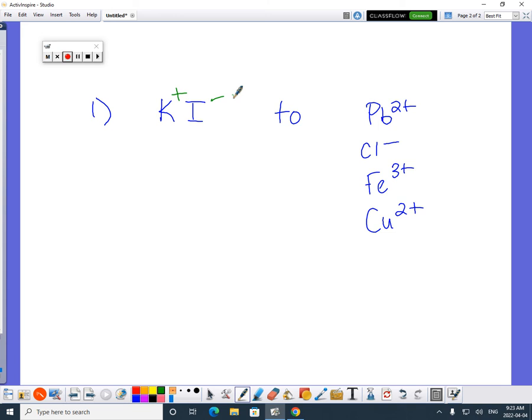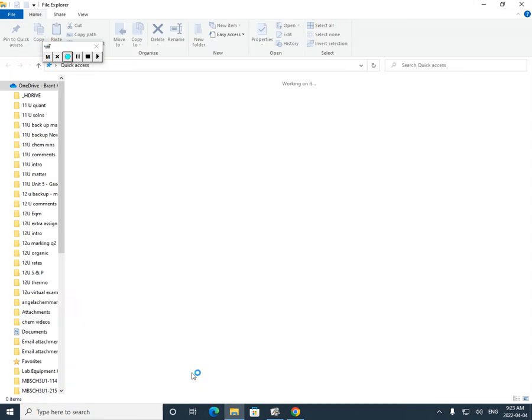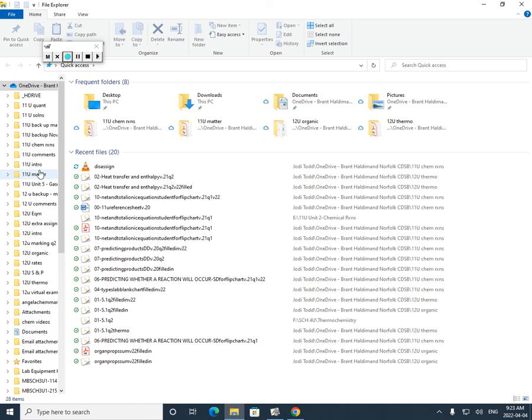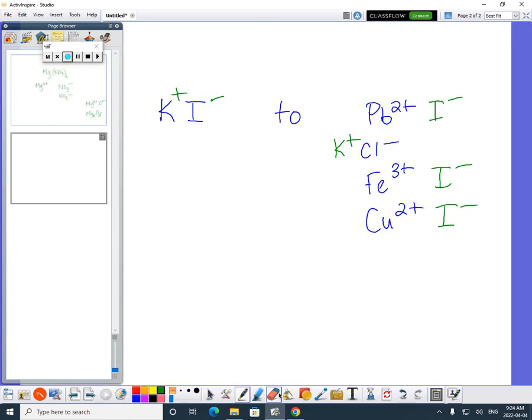So all of the positives you're checking with the negative. There is one anion. That's the one you're going to check with the positive. When you do this, there should only be one solid. If you get two solids, you've made a mistake, okay?